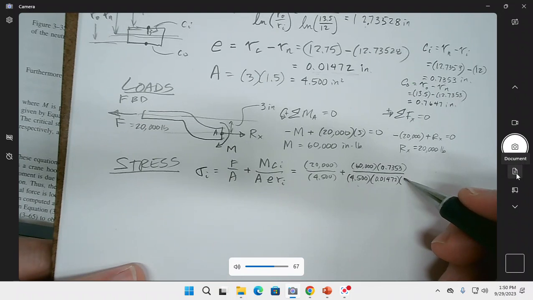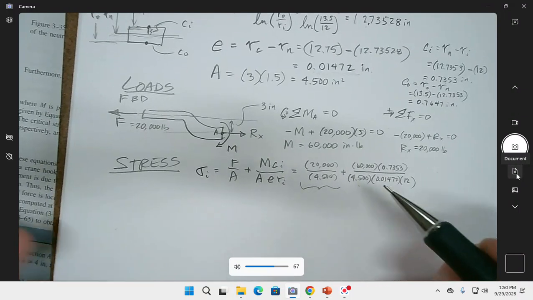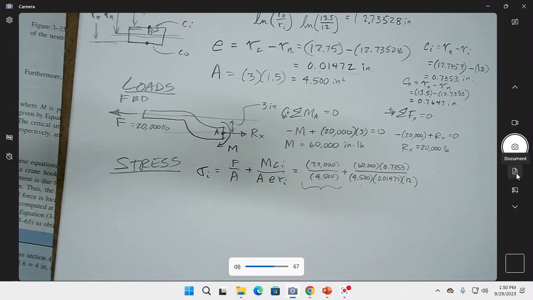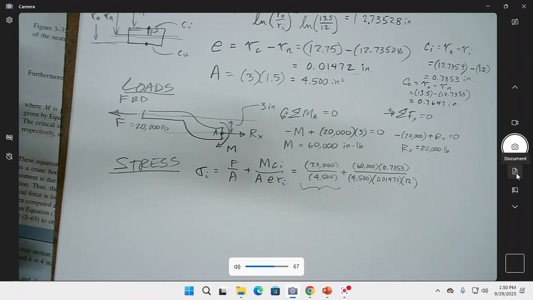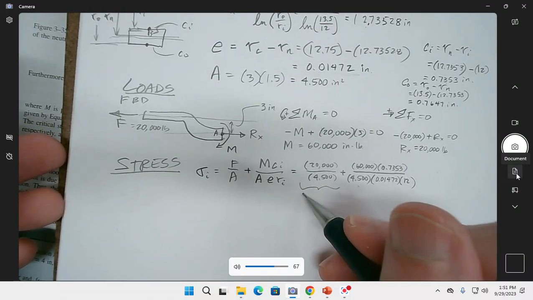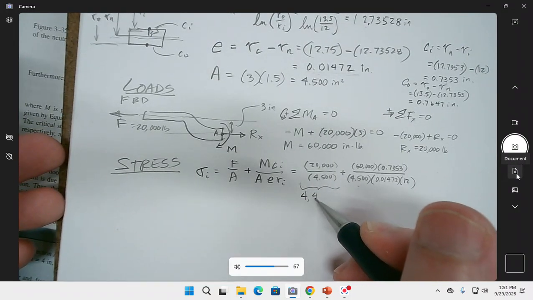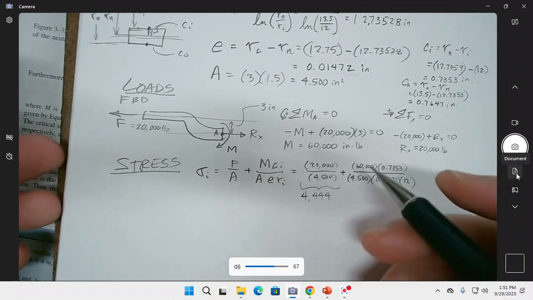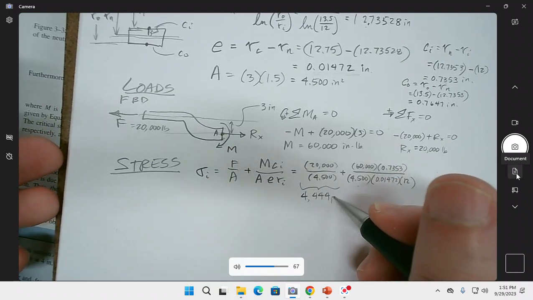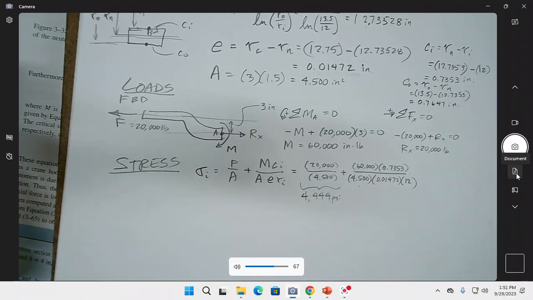RI is 12. All right, in between numbers, I think it's always a good idea to go in between numbers. Doesn't hurt anything. So you have 4,444 PSI. I didn't turn it into KSI yet.